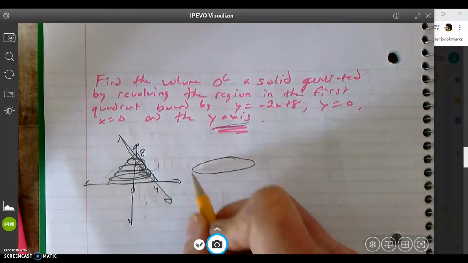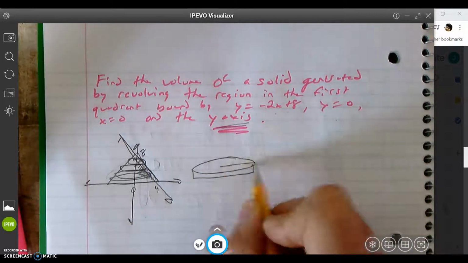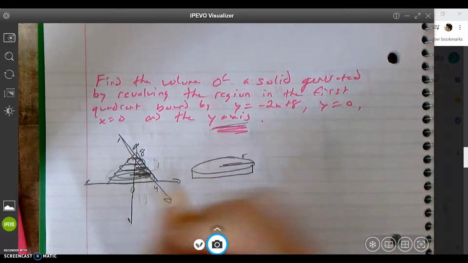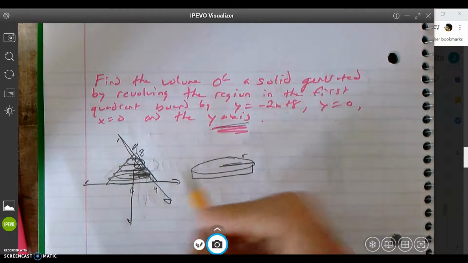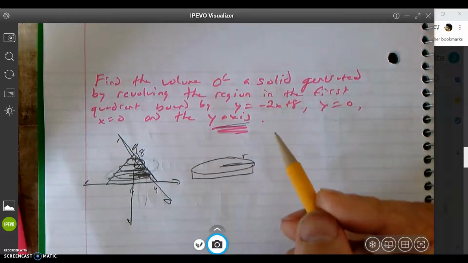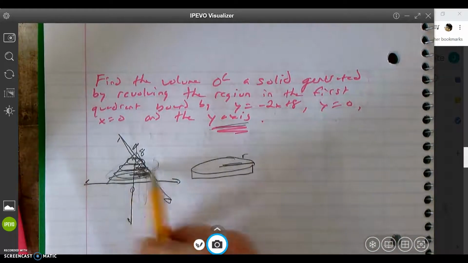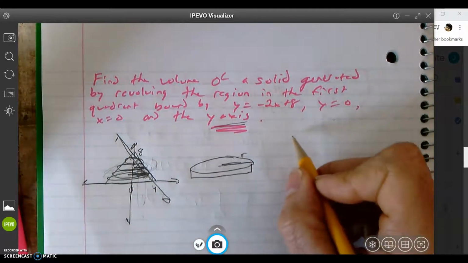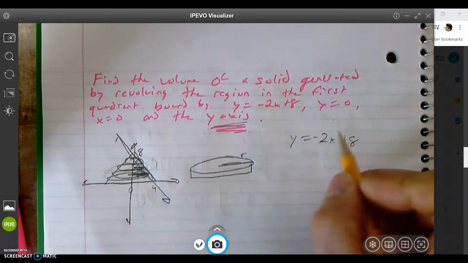Now it sits like this. And here is my radius. My radius goes horizontally. How am I going to do that? Oh, I know, I'm just going to find the inverse. This one's going to be in terms of y because I'm going this way. I do that by solving for x.